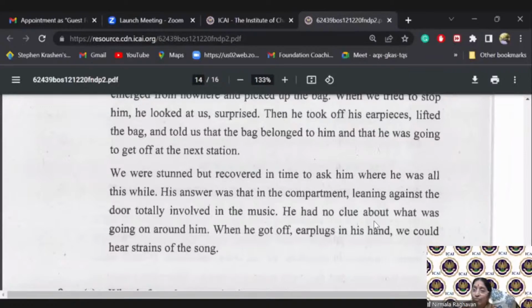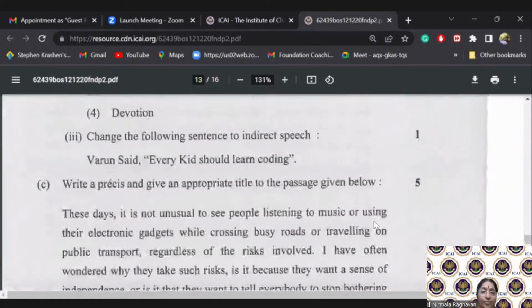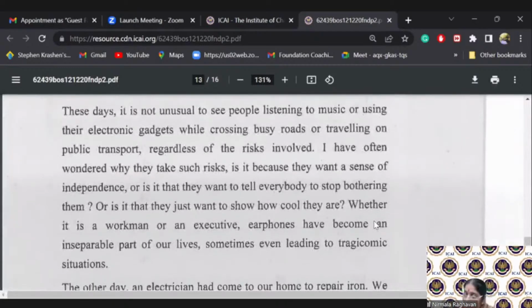Now let's count the number of words. Okay. Let me go to the first paragraph. Yeah. Okay. So that's 1, 2, 3, 4, 5, 6, 7, 8, 9, 10, 11, 12, 13, 14 words in one line.